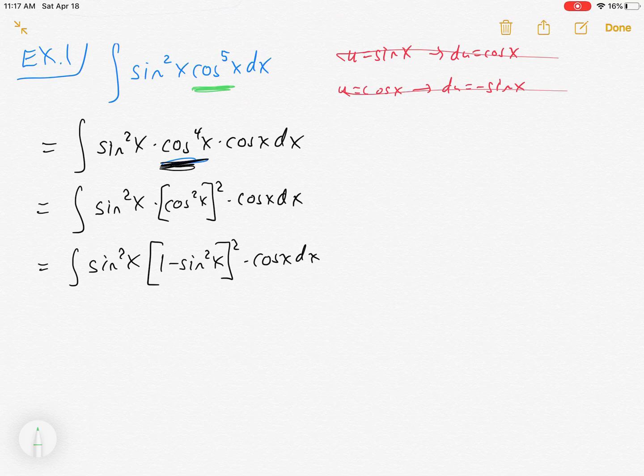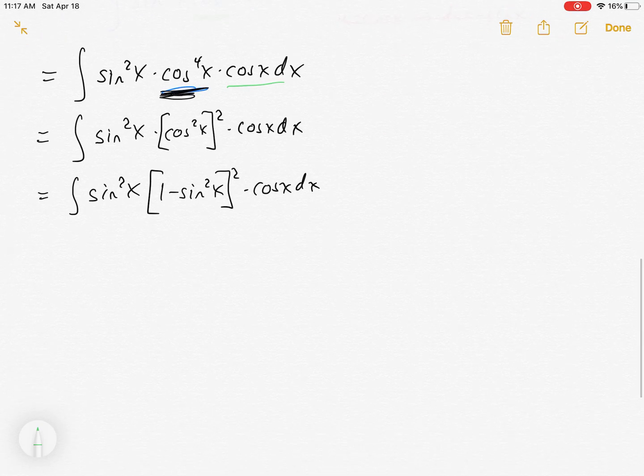In this case, change cosine squared to sine squared. So you want to isolate in the beginning the odd powered one. If you're an odd power, you can pluck one out. The remaining are even. Those can be written as a power of squared ones. You can use the Pythagorean identity, multiply it out, and go from there.